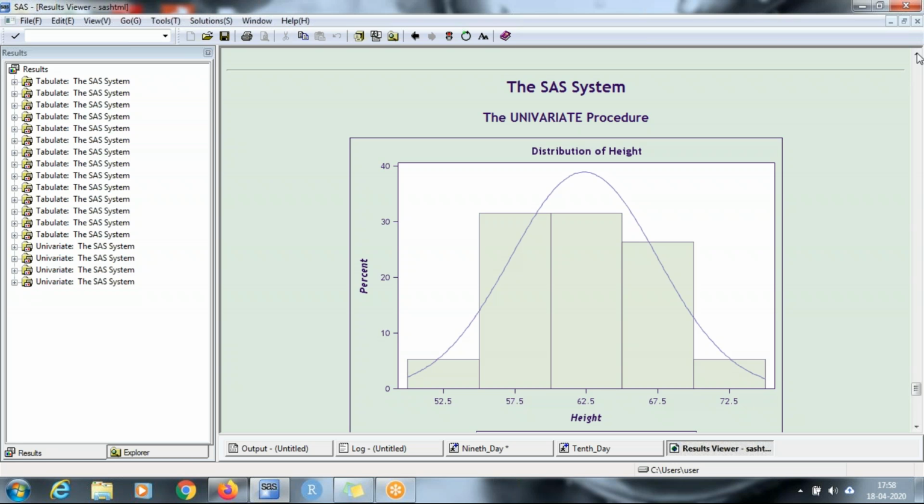This is what you are saying, right? Yes. Aap bhi yeh bol rahe ho, right? And the alternate, what will you write then? Alternate would be that it is normally distributed.